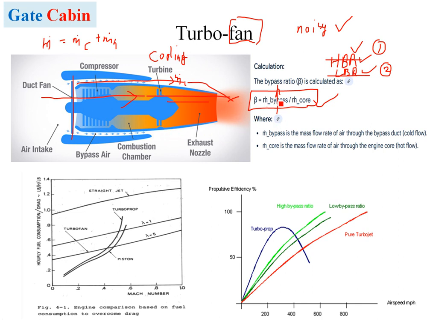Higher bypass ratio will have more mass bypassing, but we have to balance it with the mass passing through the core engine, because we also have to attain a certain speed. Then there is another thing, for incomplete combustion.